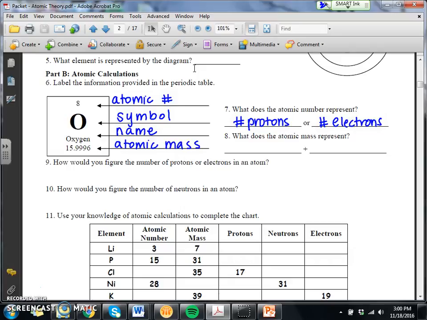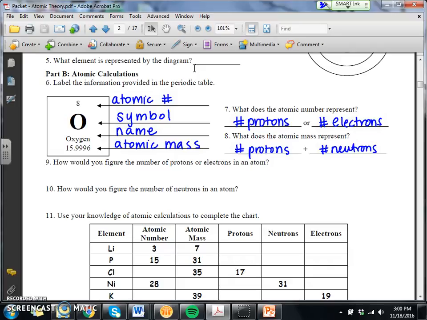What does the atomic mass represent? Well, the atomic mass is how much something weighs. And if we look at our chart right above, we notice that the protons and the neutrons weigh 1 AMU, but the electrons weigh nothing, which means that the atomic mass is my number of protons plus my number of neutrons. I do not add my electrons in there in order to calculate the mass.